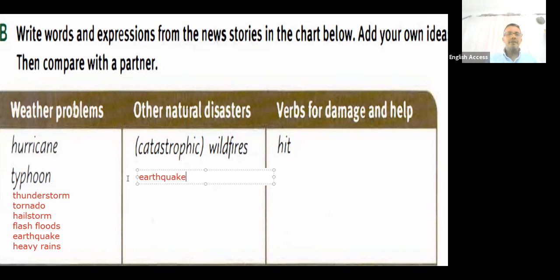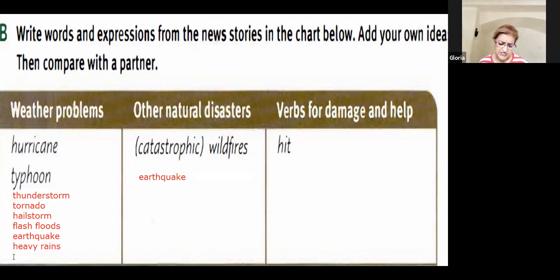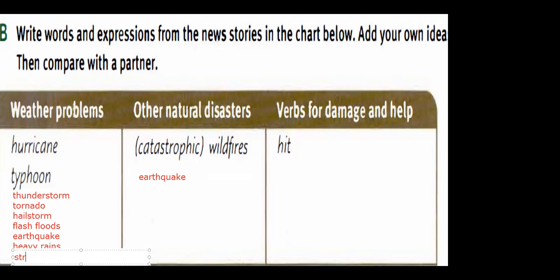Yeah, no, it's fine. Any other one? Strong winds. Strong wind. Eruption, volcano eruption. Yes.